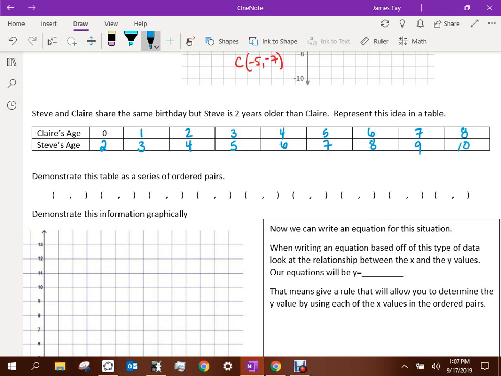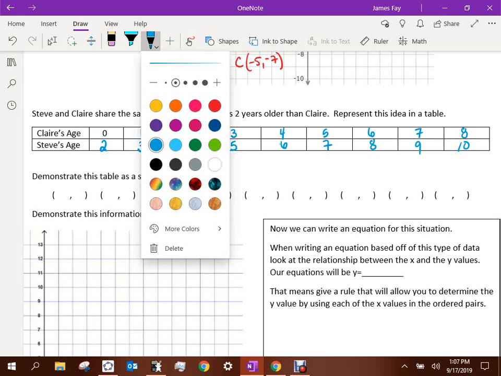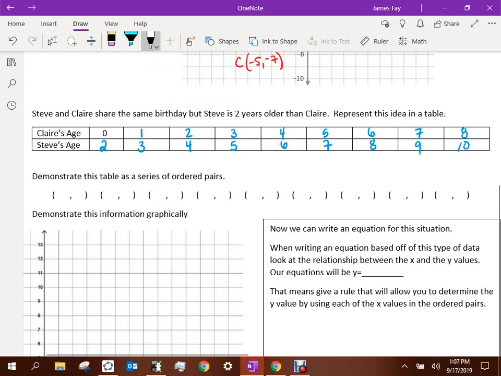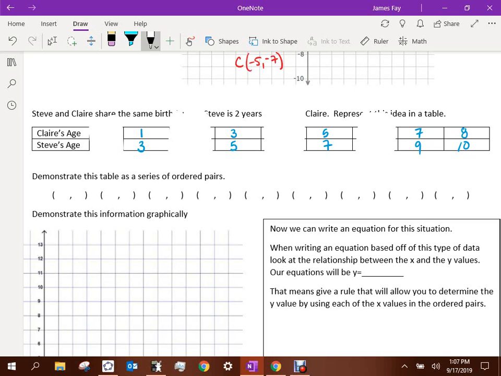All right. Now, like I said, I could have maybe just done something like this, where I could have started at Claire being 1 and then jump to her being 3, and then jump to her being 5. Does that make sense? So I could have done that.